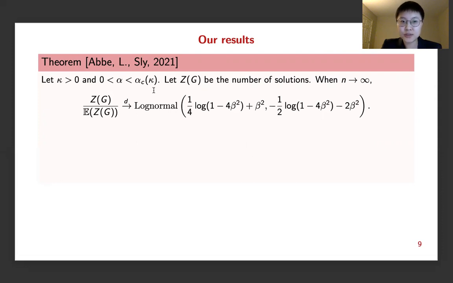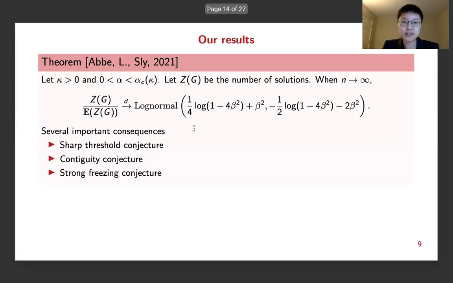So in the regime where you expect to see solutions, we're able to characterize the fluctuation of the number of solutions around its mean. So that's the lognormal limit theorem that we have.